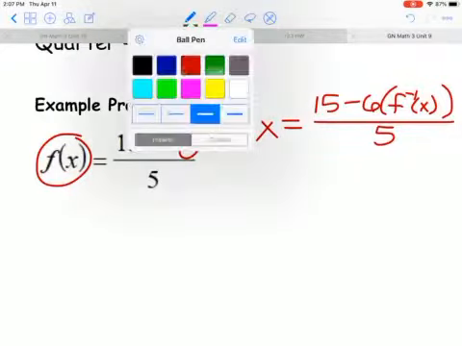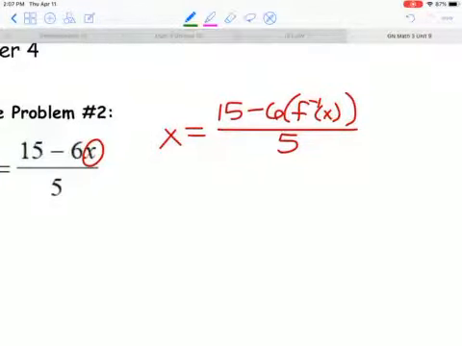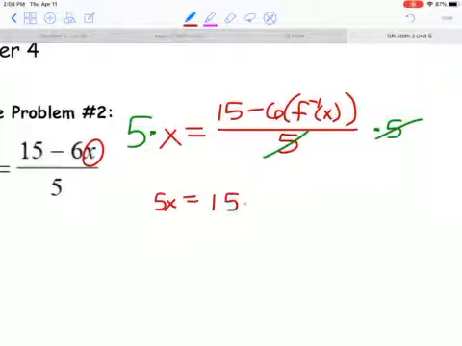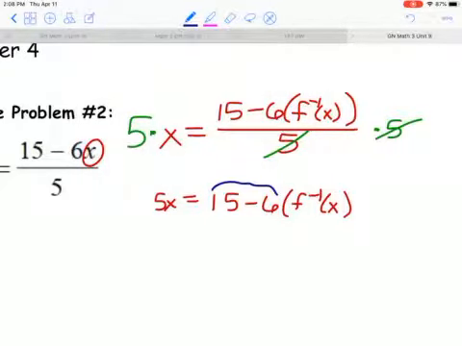So the first step here, if there's anything adding, subtracting, which the biggest thing is this fraction. So let's get rid of it. So we end up with 5x equals 15 minus 6 times f-1 of x. Now, a lot of people want to take this and add them together, but you can't do that because 6 is attached by multiplying.